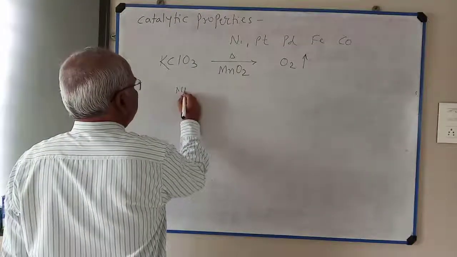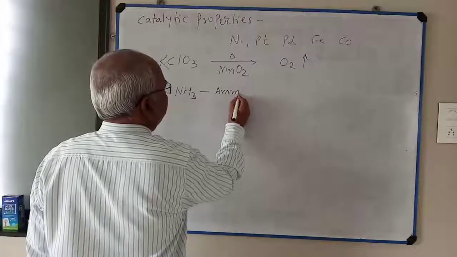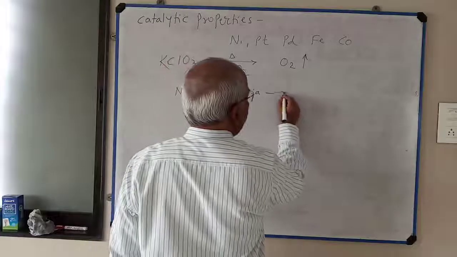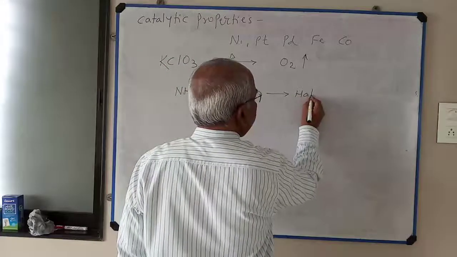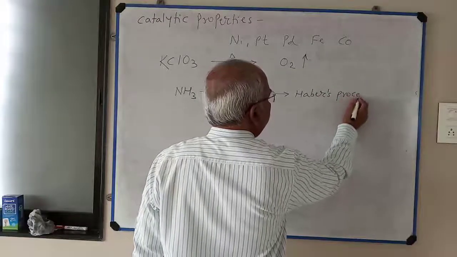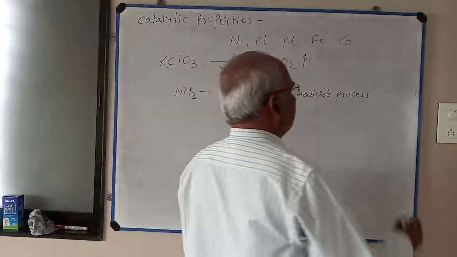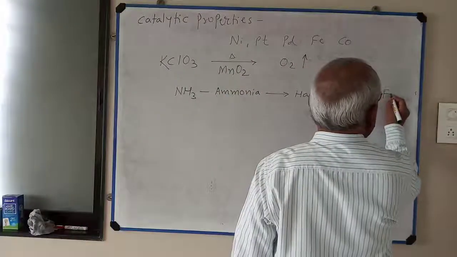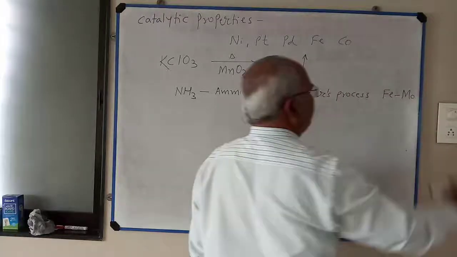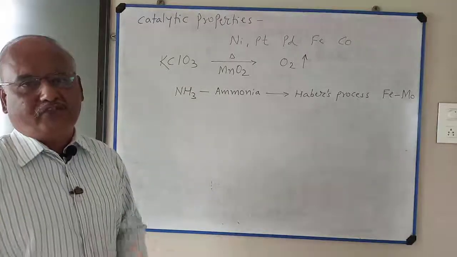NH3, that is ammonia, is prepared by Haber's process. In this process, iron with molybdenum is used as catalyst.